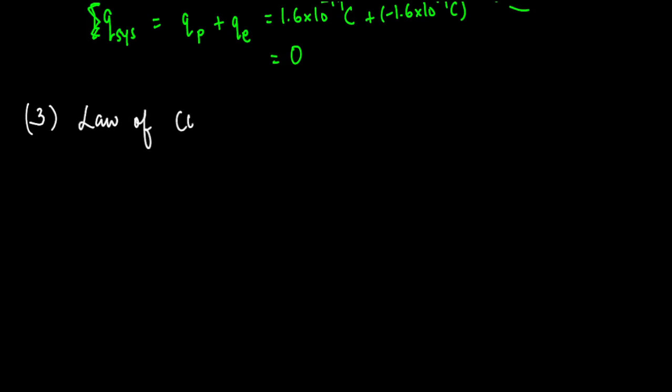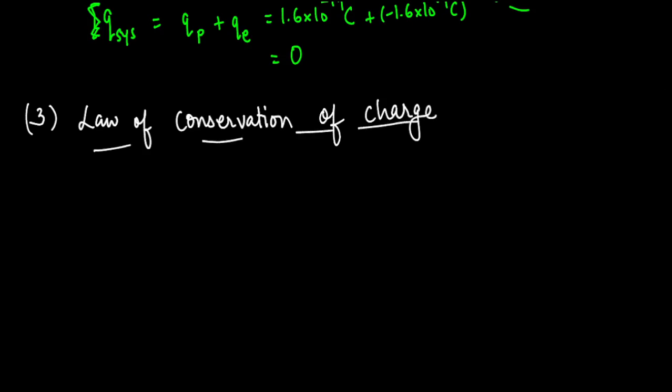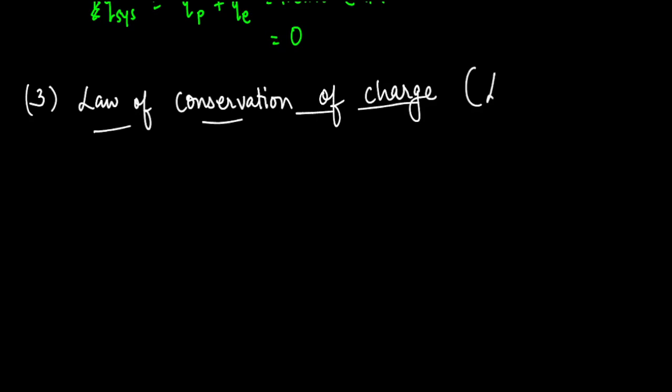Now let's go over to the third property of charge, and that is the law of conservation of charge. Just like we have had conservation laws earlier, this is also one of the superheroes of physics. So what is the law of conservation of charge?